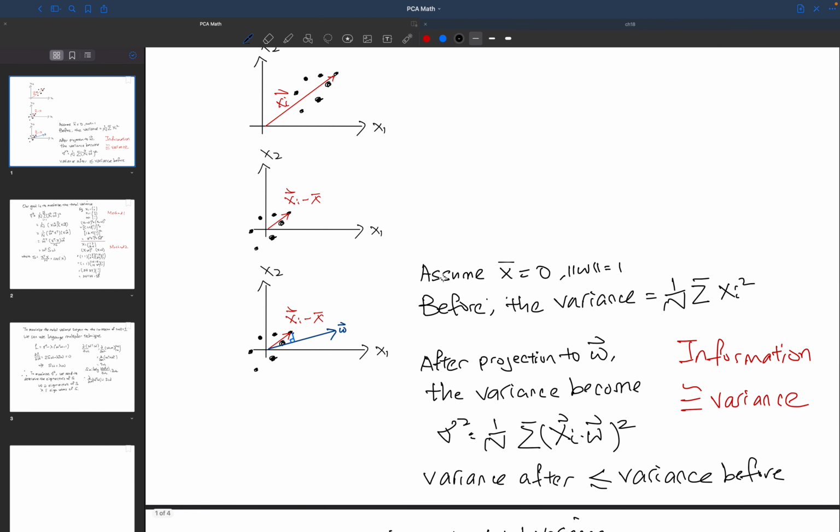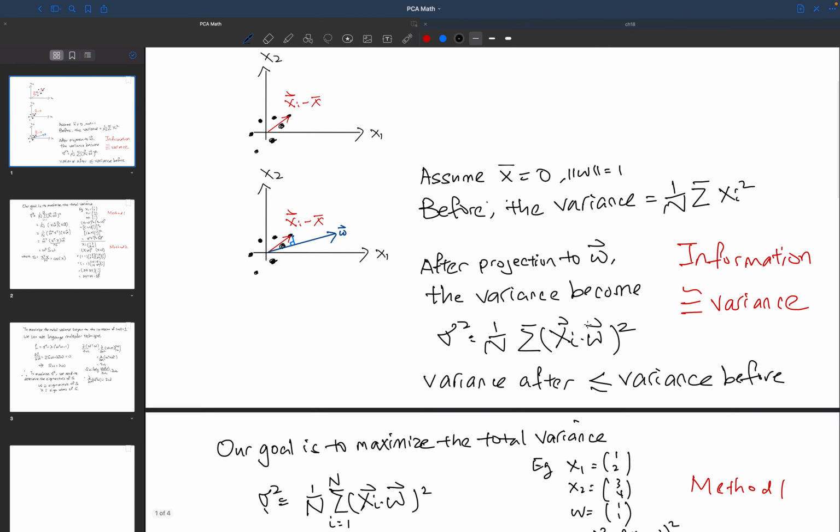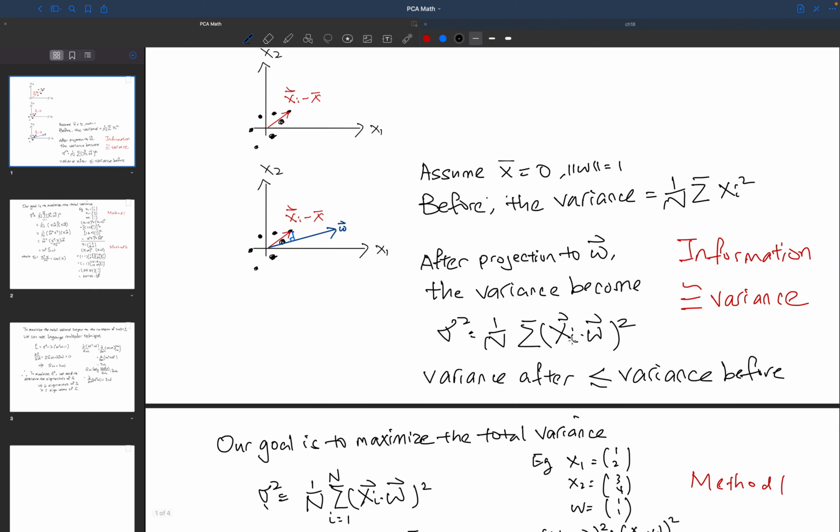Before the projection, the variance of this data set is given by the summation of x squared, summing all the x squared and dividing by n. After projection onto the vector w, the variance will become x bar dot product with w, squaring the whole thing, summing over the whole data set and dividing by n.